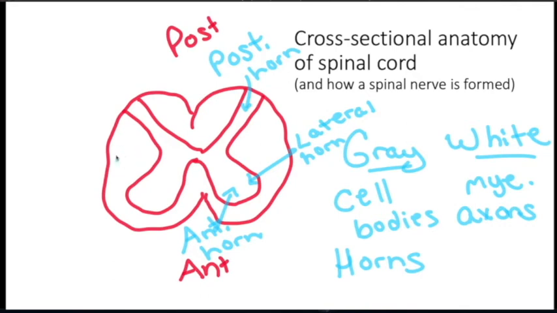The white matter here, these areas, these are columns. Now your textbook uses the fancy word funiculus. Your lab book primarily uses column. I'm fine with column. It makes sense. The axons would look like individual dots in cross section.